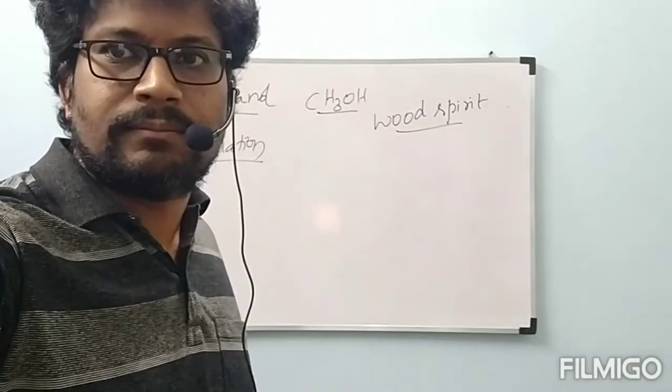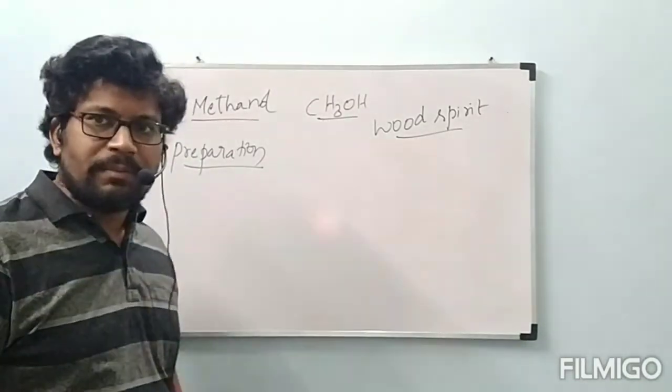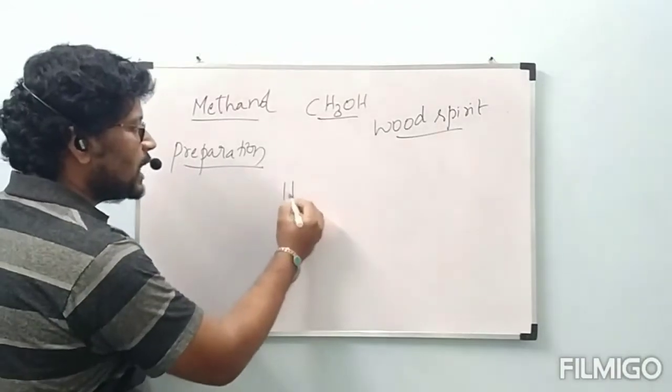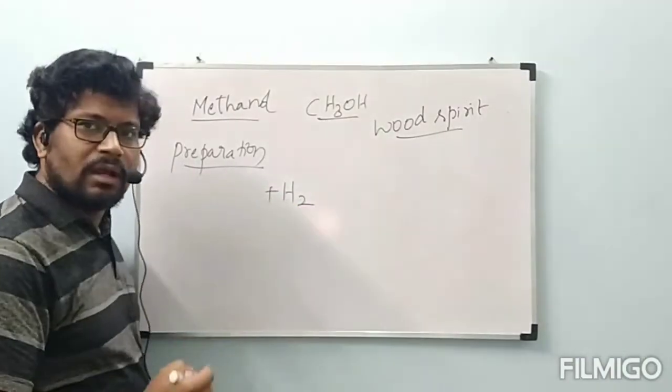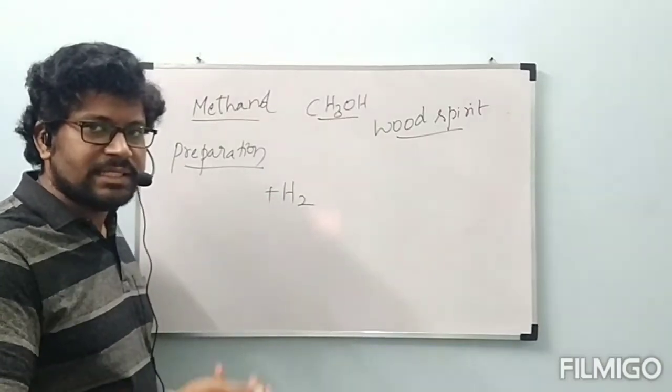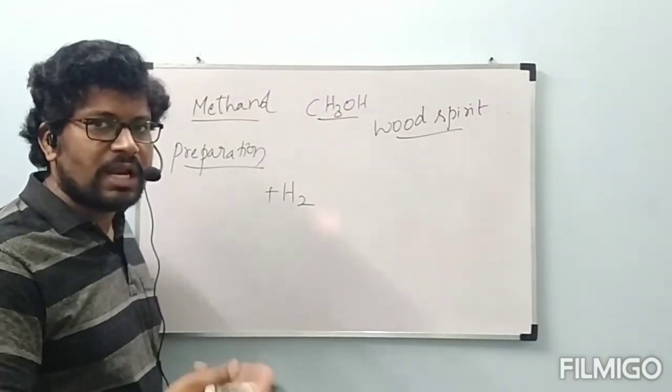Coming under the preparation of methanol, it is prepared by the catalytic hydrogenation of CO. Hydrogenation means providing a hydrogen molecule, that is, the reaction of a hydrogen molecule with another substance.